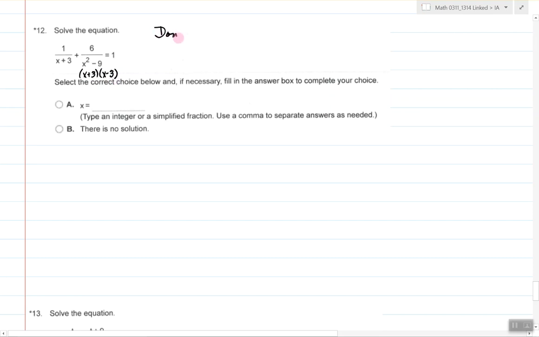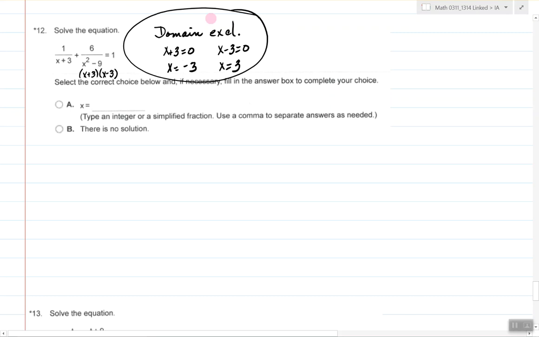The domain exclusions, those are any time a factor of a denominator becomes 0. So if x plus 3 is 0, x is negative 3. That comes from here. It comes again from here. I also have x minus 3 equals 0, which means x is 3. I have two domain exclusions, and I will just keep that in the back of my mind.